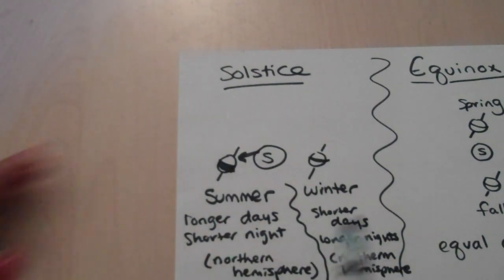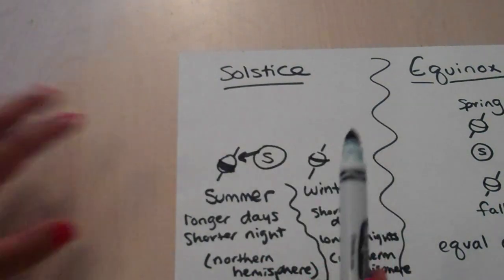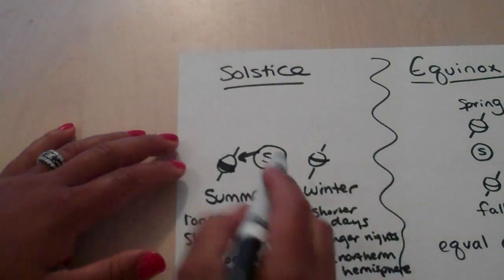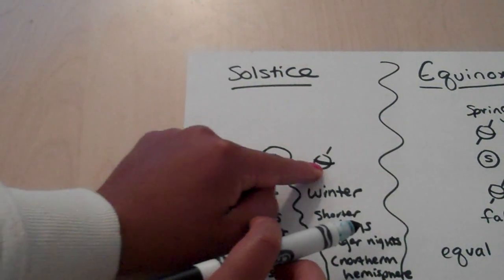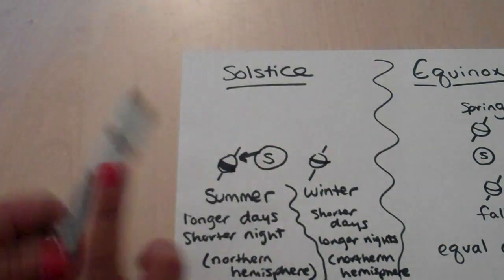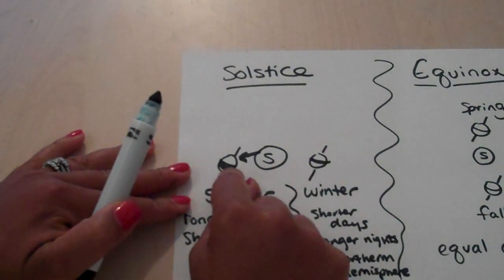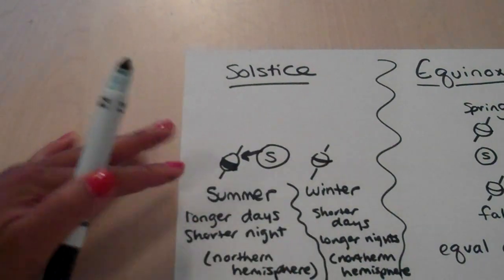In the southern hemisphere, the opposite is true. The seasons are switched, because the direct rays for summer will go directly on this side. So their summer is during our winter, and this right here is their winter, because for the southern hemisphere the angle is tilted away.